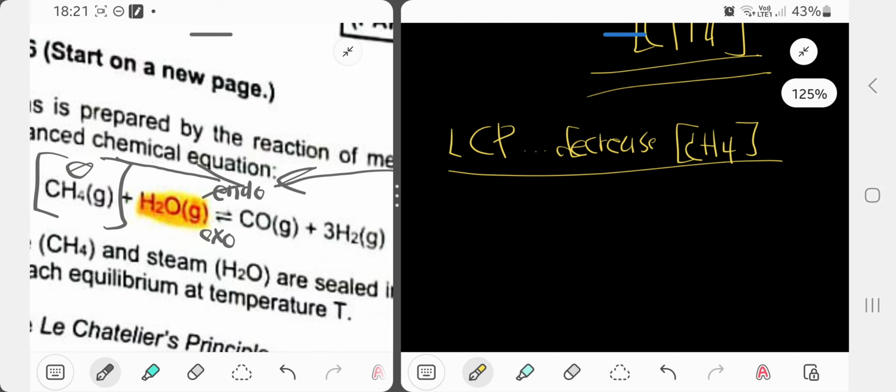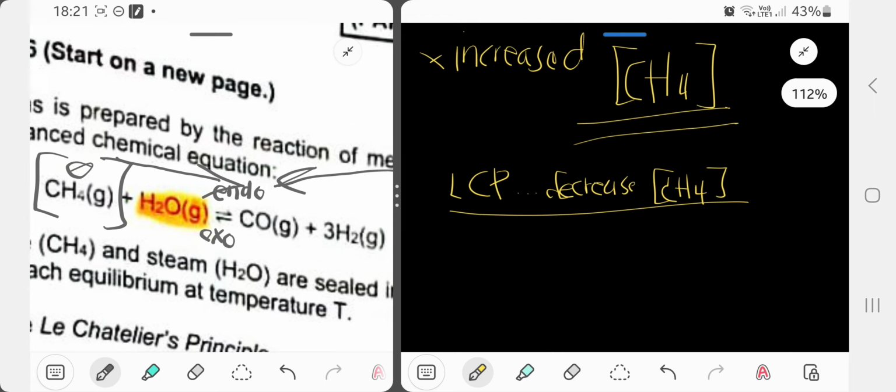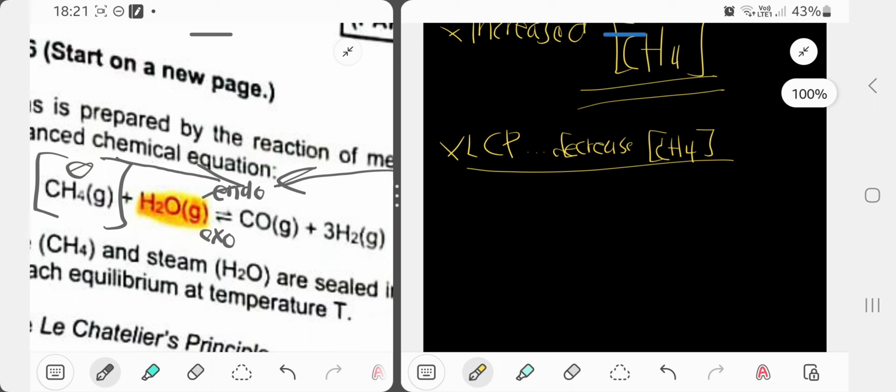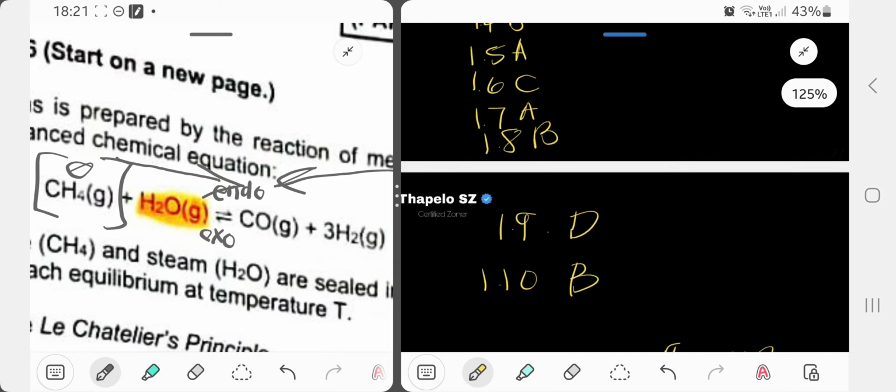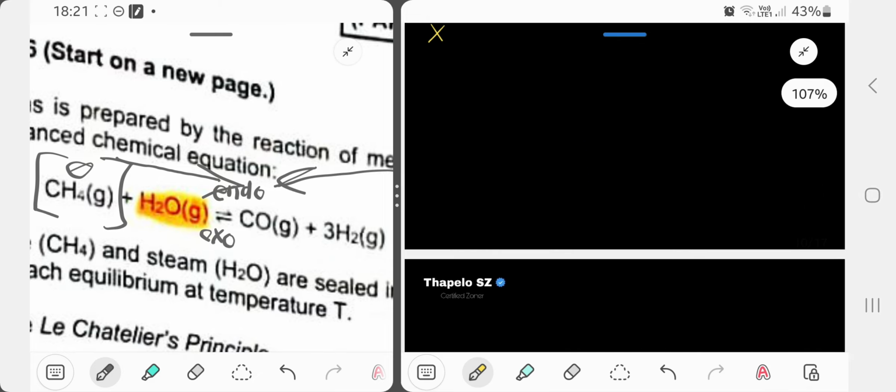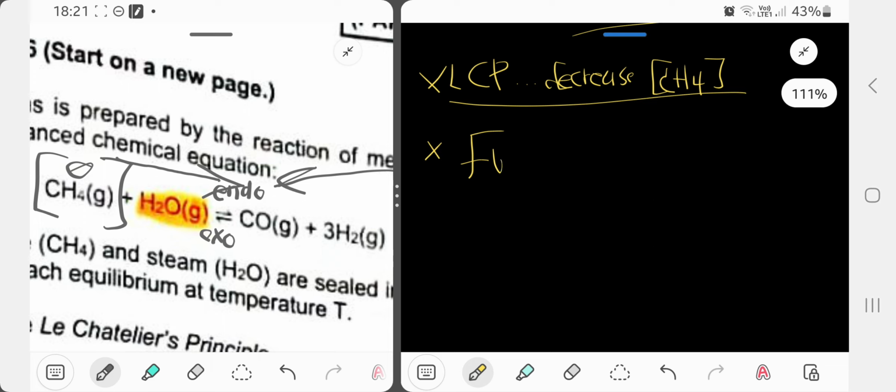So the first point, you can just say increased concentration, and according to LCP, this guy will try to decrease the concentration of that guy. If we're trying to decrease the concentration of that guy, this means the forward reaction is favored.